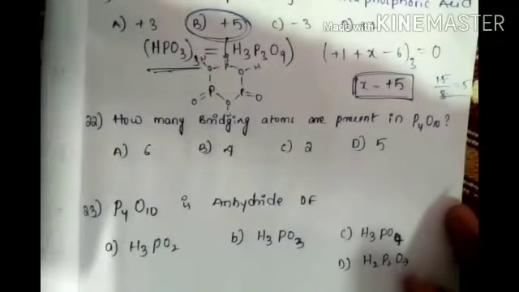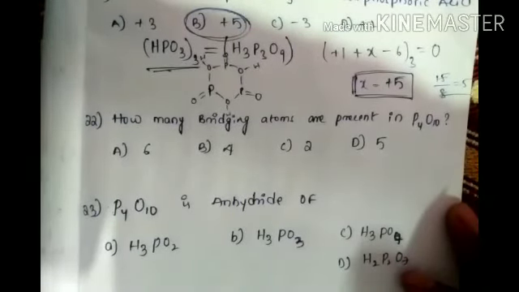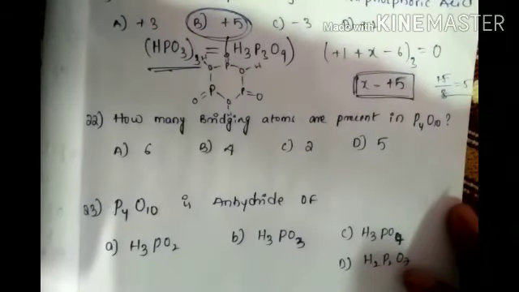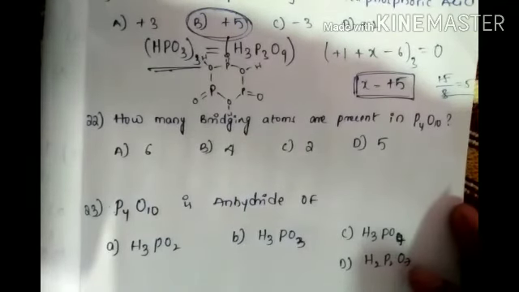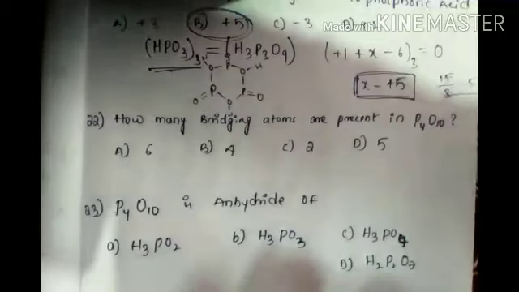Okay. And how many bridging oxygen atoms are present in P4O10? Draw the structure.